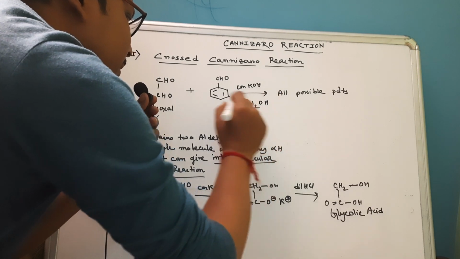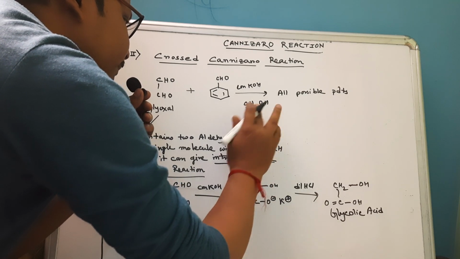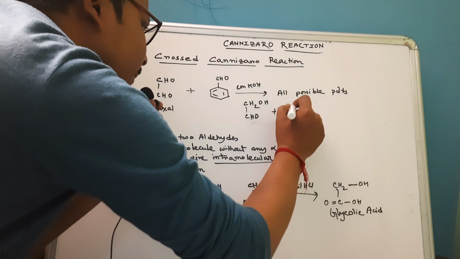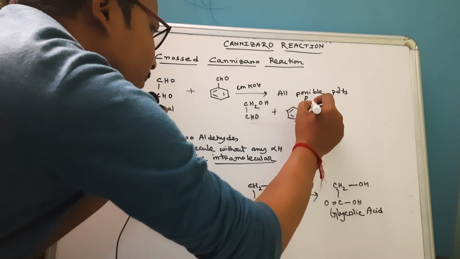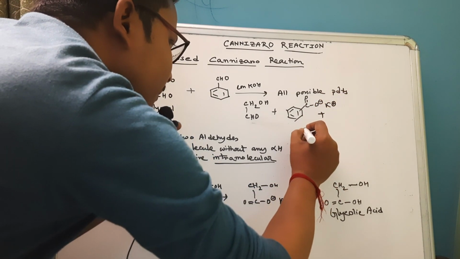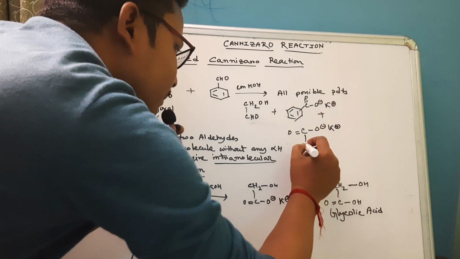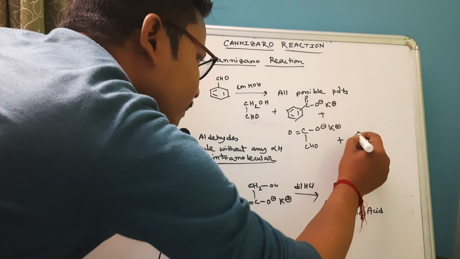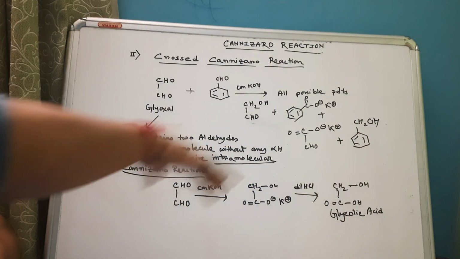So once I reduce the glyoxal like this, CHO and K plus, and in another example, all these products will be formed.